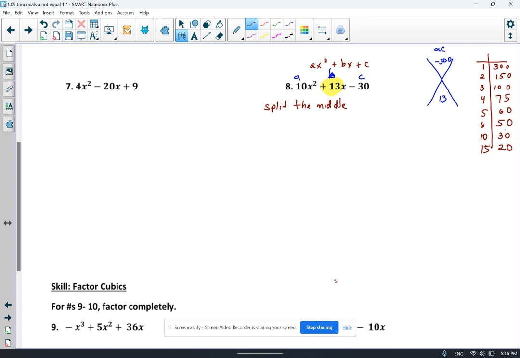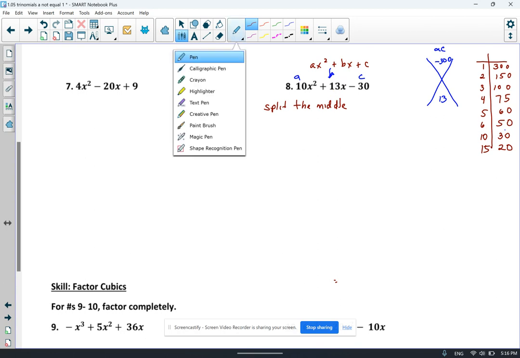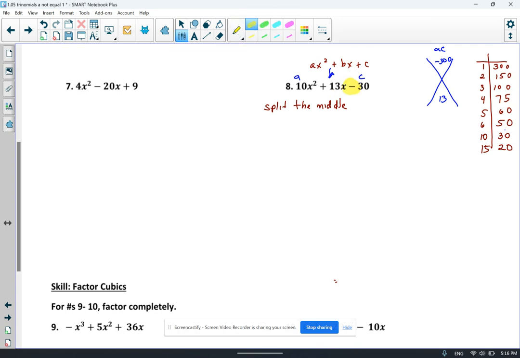I hope I do. The next thing you do is that we notice that the last term has a negative. That means the signs in the parentheses, right? I just want to kind of highlight that. You see that negative? That means the signs are going to be different to achieve the negative 300, right?